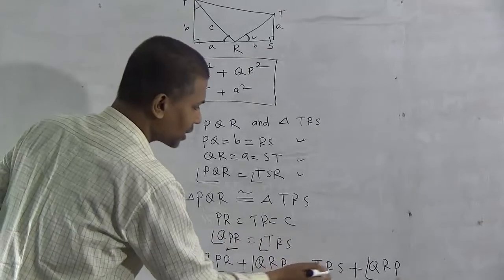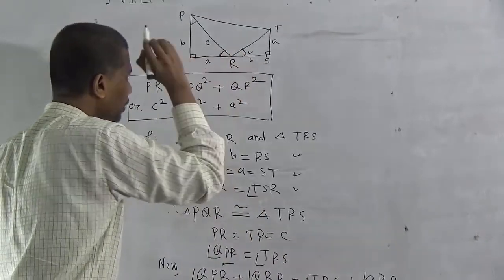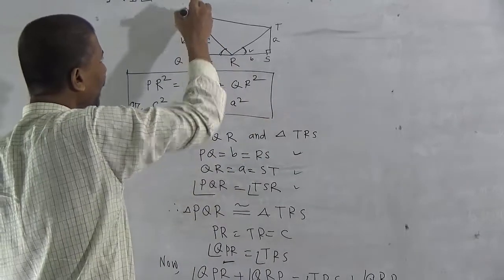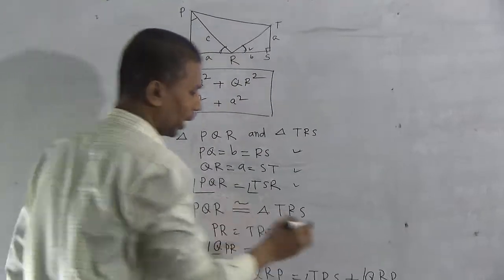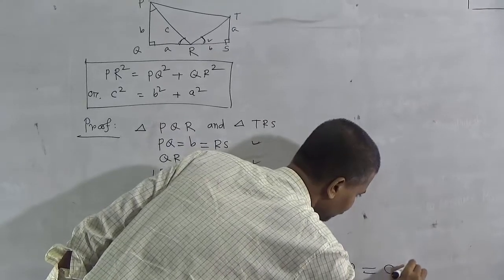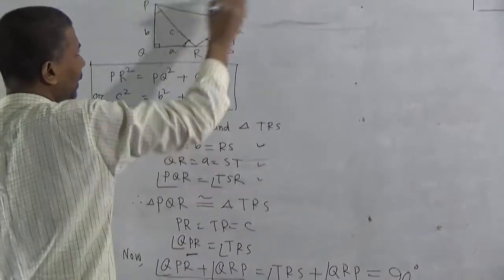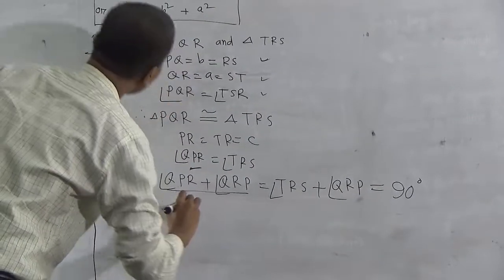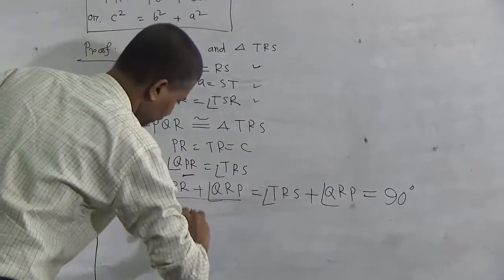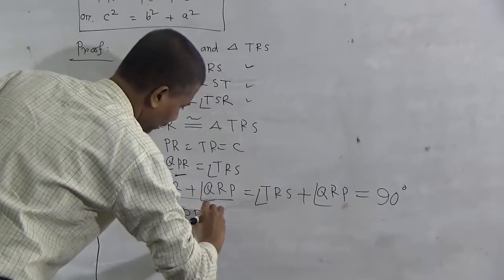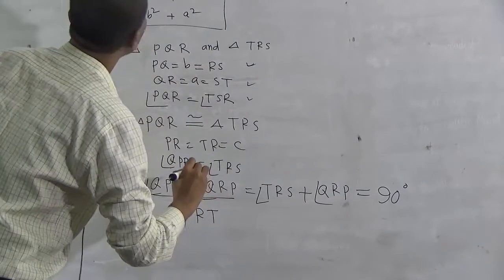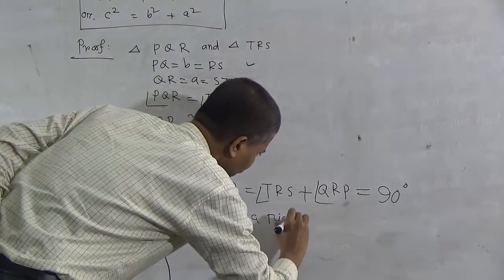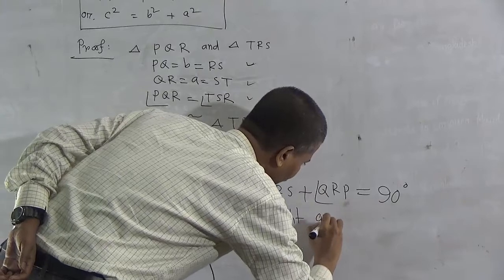So TRS plus QRP, that means this angle to this angle equal to must be one right angle. Therefore we can say PRT, this is equal to what? That means say PRT must be right angle triangle. Okay, right? Therefore PRT is a right angle triangle.